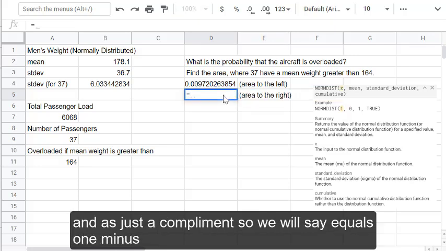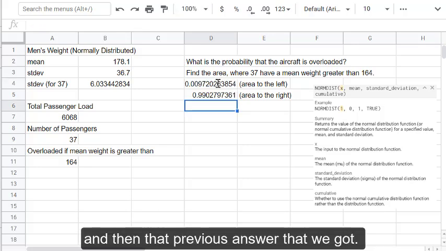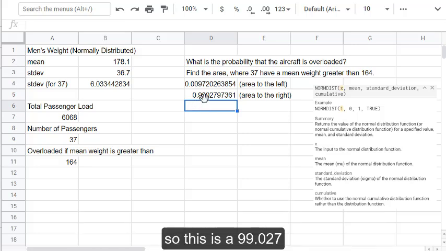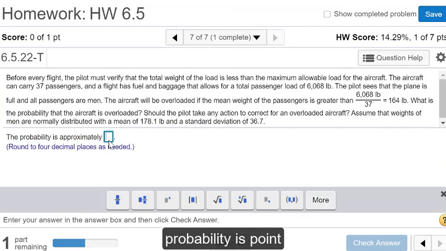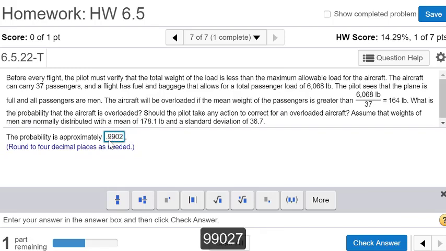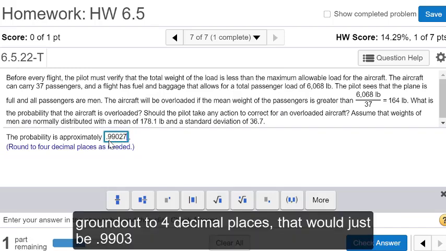That is just a complement, so we will say equals 1 minus that previous answer that we got. So this is 99.027. The probability is 0.99027. Rounded to 4 decimal places, that will just be 0.9903.